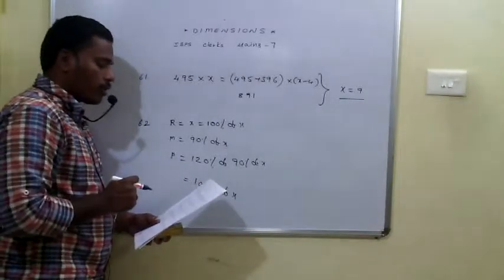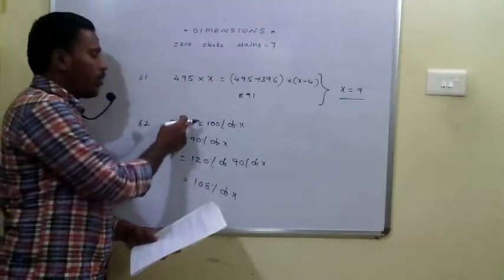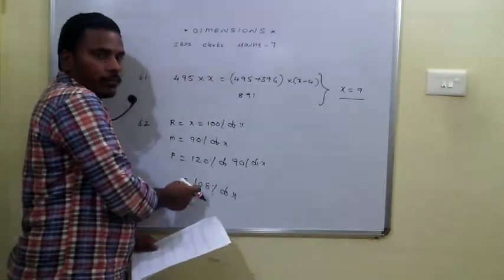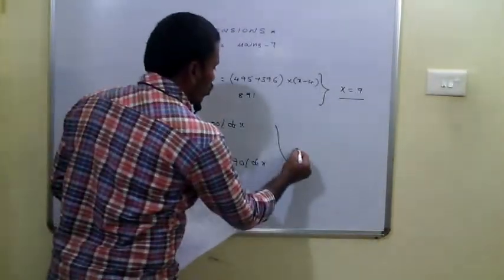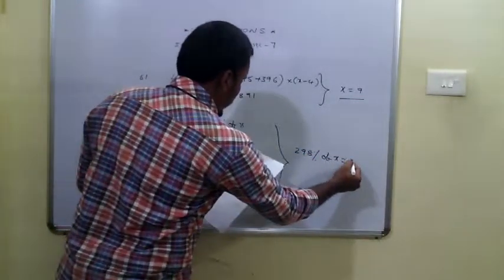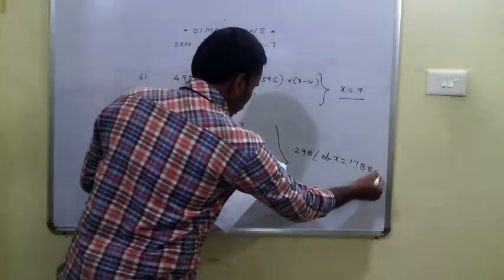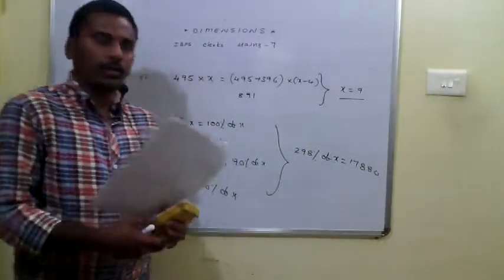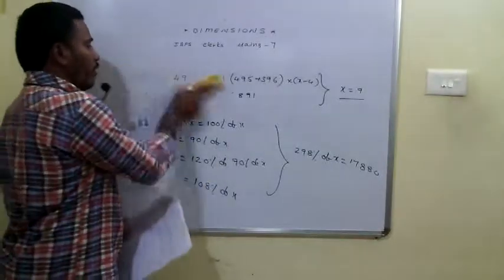So for the total investment, we need to add these three. So 100 plus 90, 190, and then 298. So the sum of these is 298. So as per the problem, 298% of x is equal to 17,880. We will get x as 6,000. So 6,000 is the investment of Raghu.